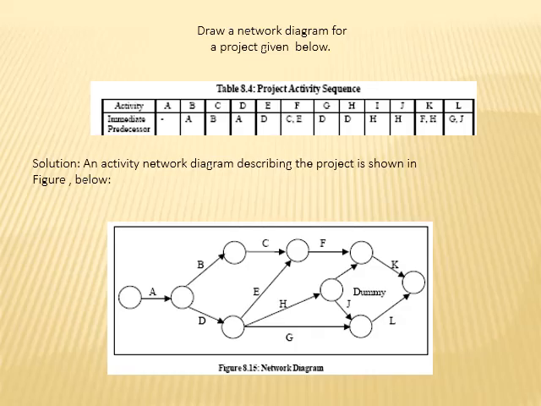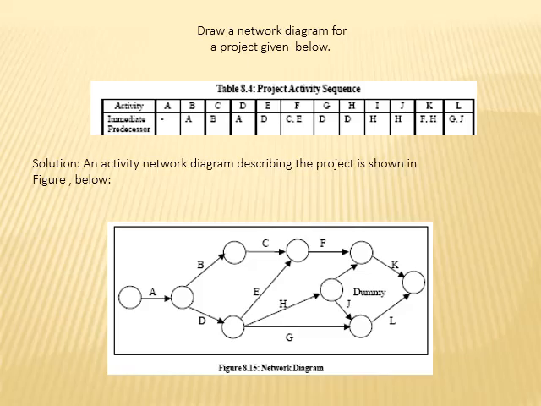The table shows that, of course, activity A has no predecessor, B belongs to A, C belongs to B, D has A, E has D, F has C and E, G has D, H has D, I for H, J for H, K for F and H, L for G and J.